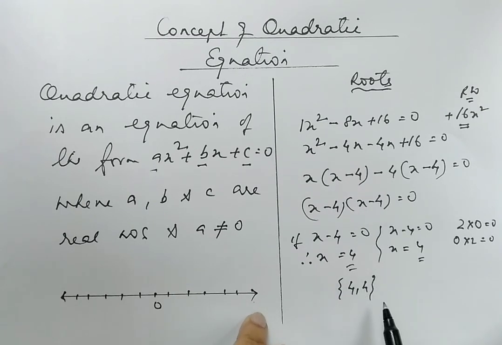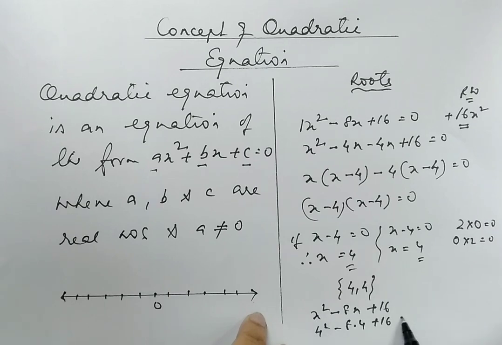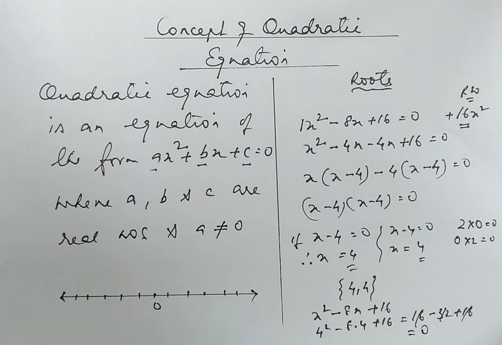And why do we say so? Because when we put in x square minus 8x plus 16, our value of x, say 4 square minus 8 into 4 plus 16, do we get a 0? Of course we get a 0, because 4 square is 16, 8 into 4 is 32, and this is plus 16. So this gets cancelled and therefore we get a 0.